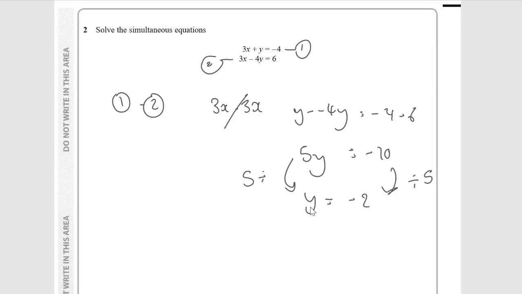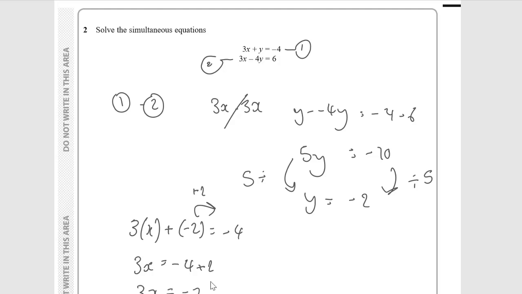And then we have y going back into either one. Let's put it into equation 1. So 3x plus minus 2 equals minus 4. Take that to the other side, becomes a plus 2. 3x equals minus 4 plus 2. 3x equals minus 2.